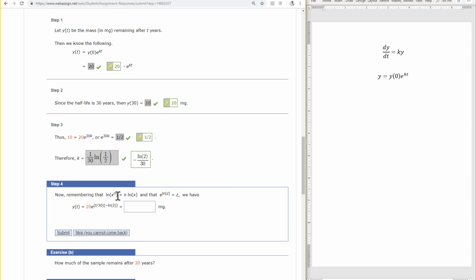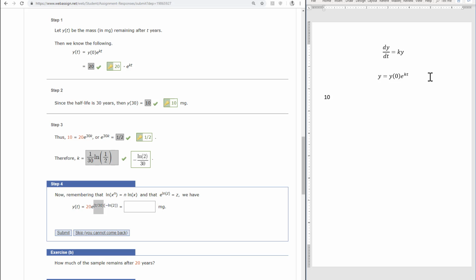Now remembering that this is true, in this property with e to the ln, we have 20 times e to the t over 30 times this, which is going to be equal to, so now let's imagine bringing this as a power of 2. Let's make sure that we write this out properly.